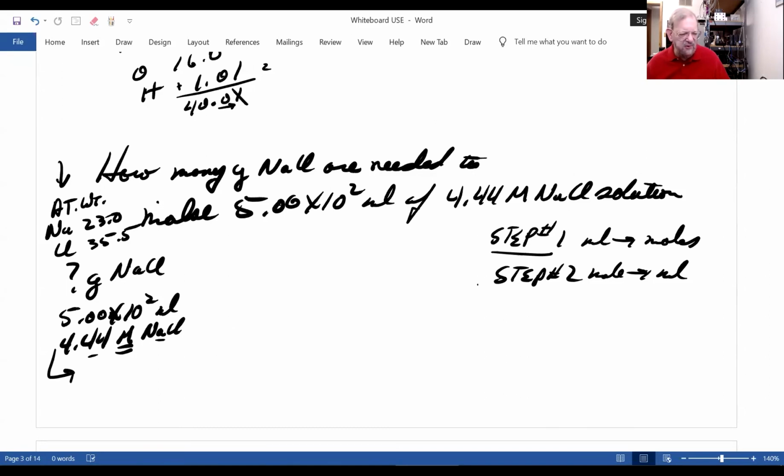Molarity, moles per 1,000 milliliters. So what this really means is 4.44 moles of sodium chloride per 1,000 milliliters. Oh, look, someone was nice enough to write on the whiteboard, you need 2 steps.